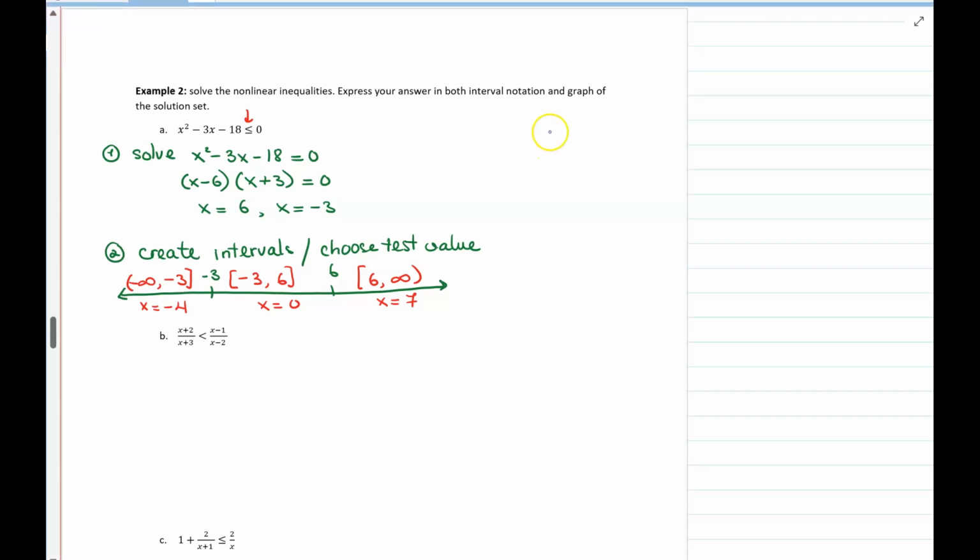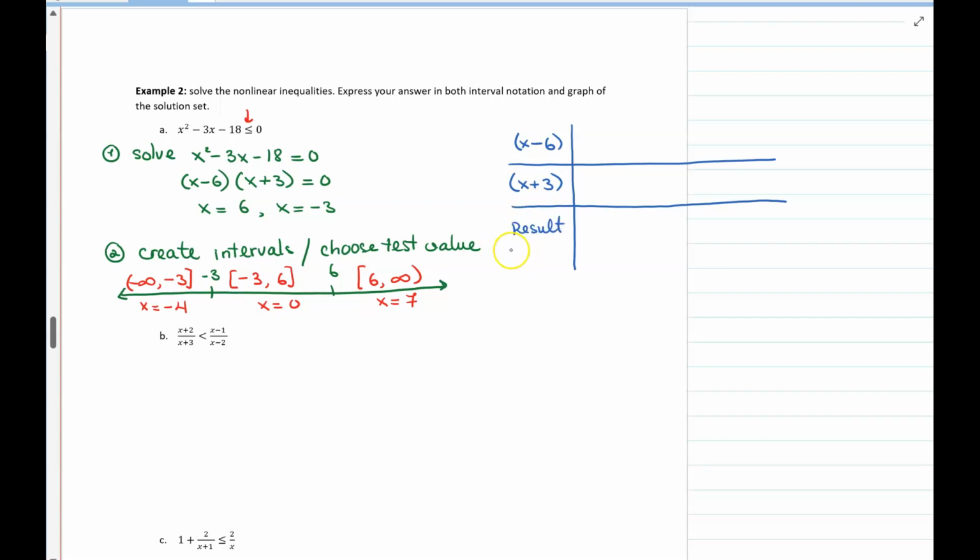So let's start with the table and place each of the factors into the table: x minus 6 and x plus 3. Then the result in the end is the factored form of x squared minus 3x minus 18.